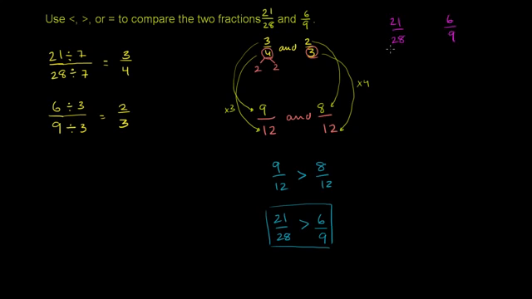So what's the prime factorization of 28? It's 2 times 14, and 14 is 2 times 7. The prime factorization of 9 is 3 times 3. So the least common multiple of 28 and 9 has to contain a 2, a 2, a 7, a 3, and a 3. Or essentially, it's going to be 28 times 9.